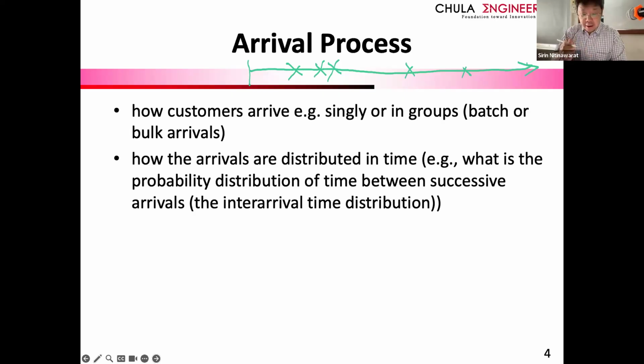There could be many ways, right? But one way I would argue that can be used to specify the entire process is you can look at the distribution of the so-called inter-arrival time, right? So this time from start to the first time when the first customer arrives.